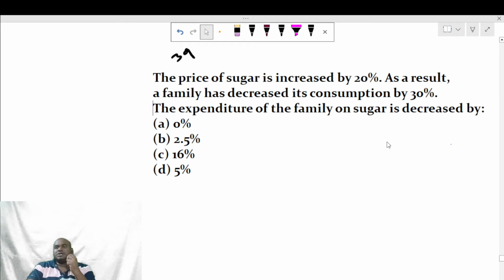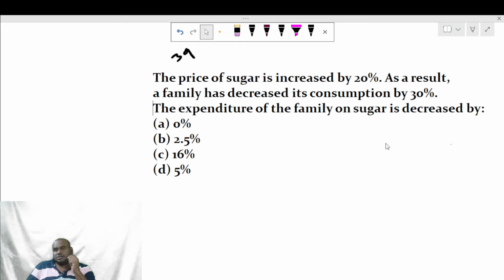Initially, how much were they using? 1 kg. 1 kg means 1000 grams. Now they reduced consumption by 30%, meaning they are using 700 grams a month. Because of this, the expenditure of the family on sugar is decreased by how much percent?